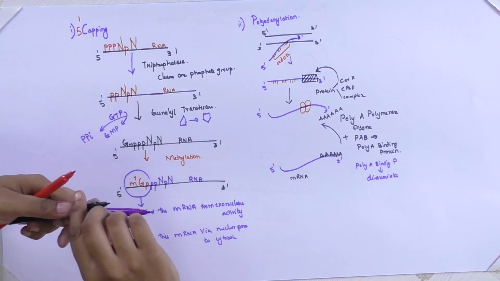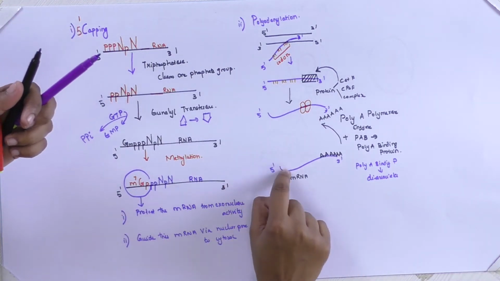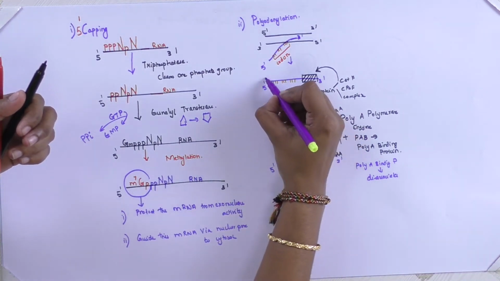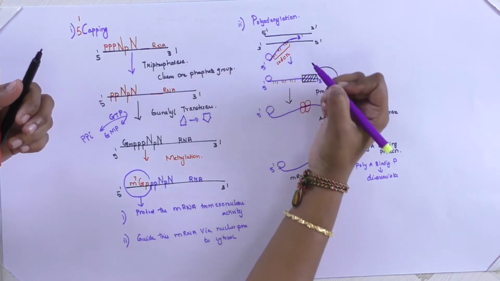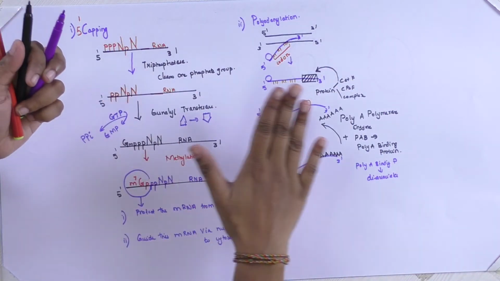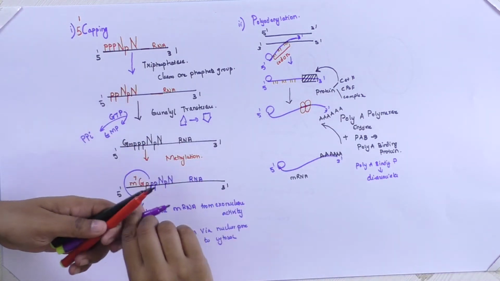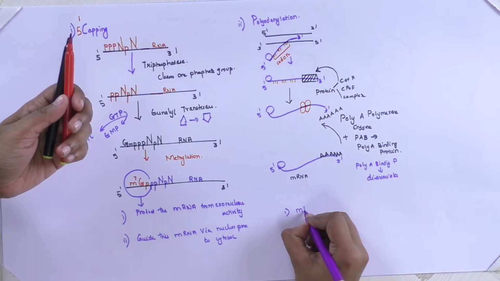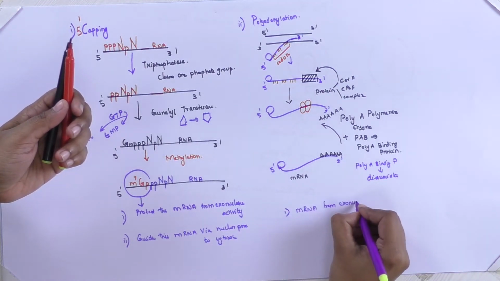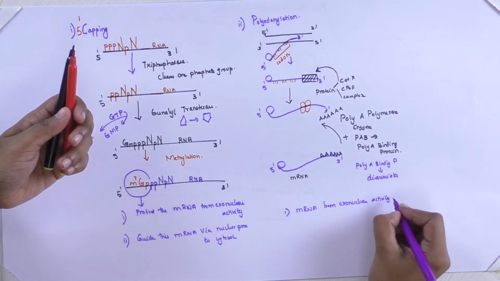So now, after undergoing capping, it has gone for adenylation. So already you will have a cap here. I'm drawing it with a cap. So it has undergone capping, and now it has undergone tailing. This is the second mechanism, and it is also going to protect the mRNA from exonuclease activity, because the lifespan of mRNA is very short.